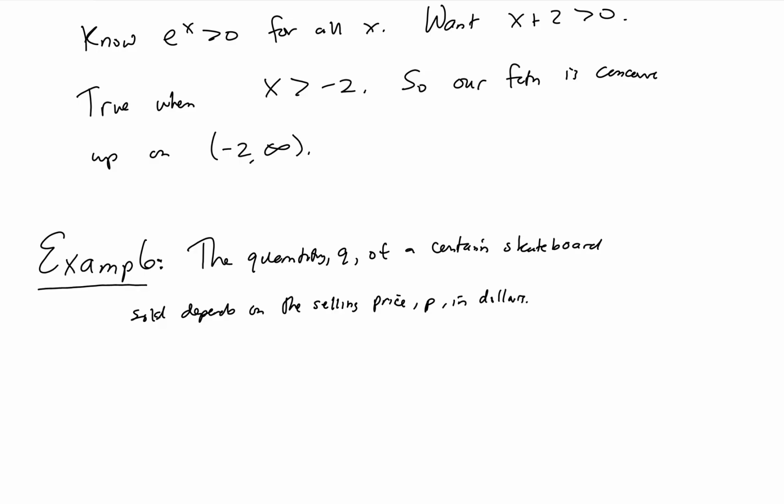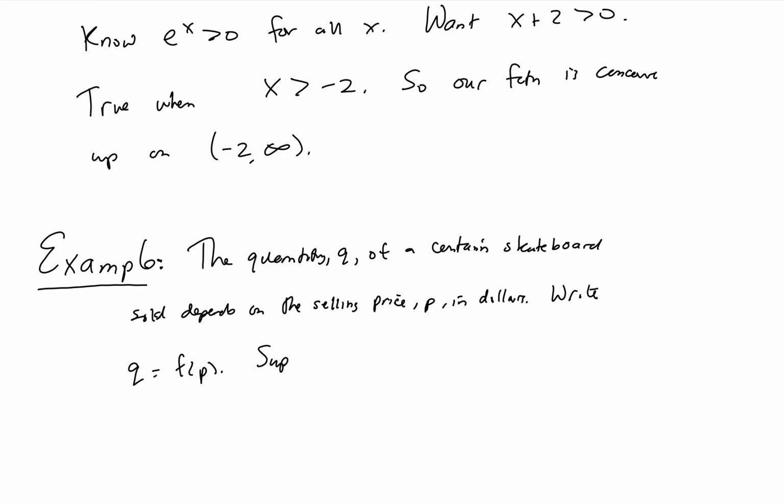Okay, so the quantity of a certain skateboard, the number that we sell, depends upon the selling price P in dollars. So let's write this in terms of a function as Q is equal to F of P. We're not saying what F is. We just know it is a function of the price.